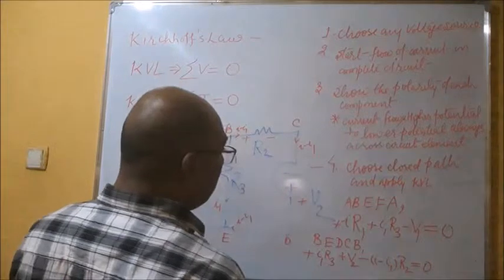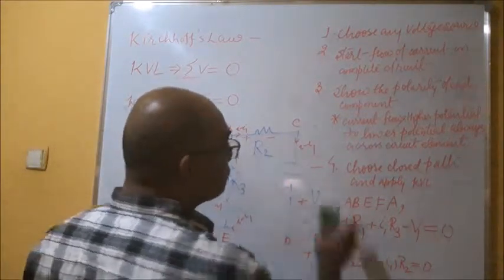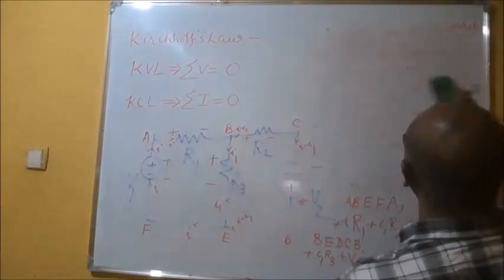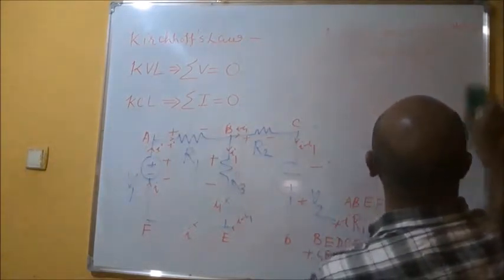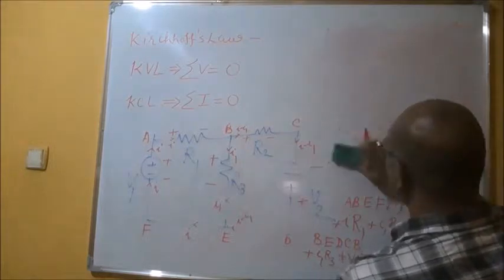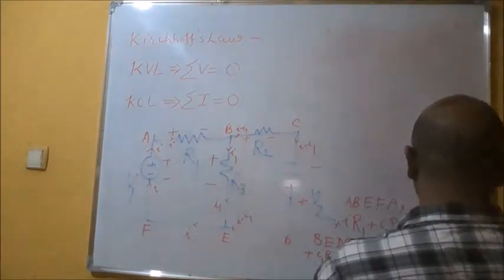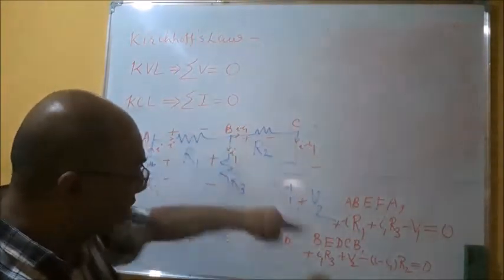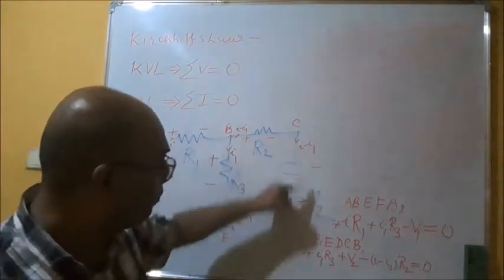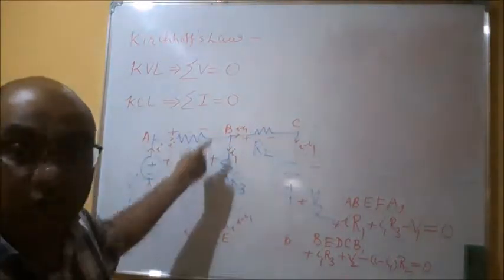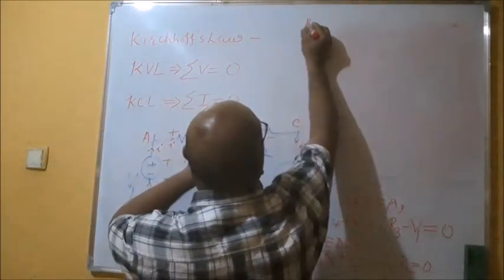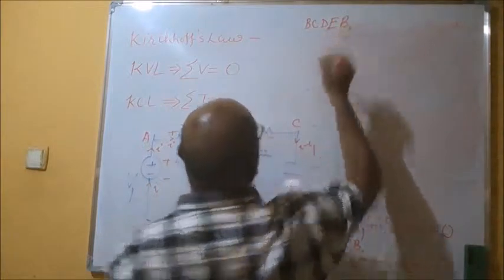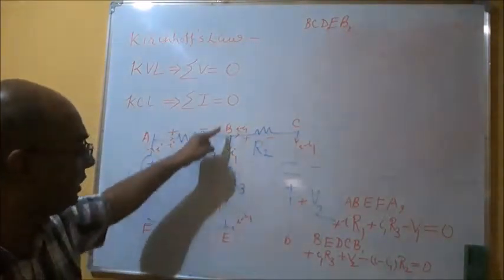So when you take clockwise, what will you write? B, C, D, E, B. Right? B, C, D, E, B.